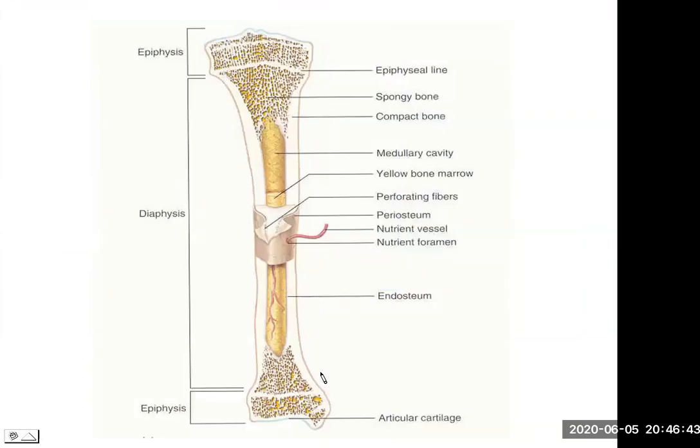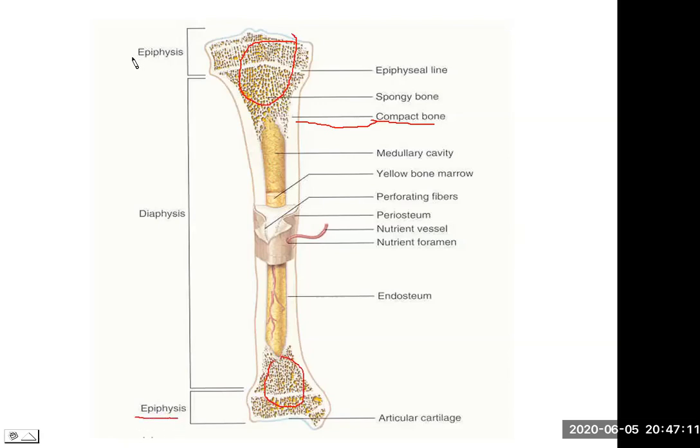So if we just take a look now, kind of reviewing what we just discussed, we have this bone here. This is actually a tibia that's in a coronal plane. We're able to see the superficial, more dense, compact bone. Deeper in, and you notice for a tibia, really concentrated at the two ends, especially, known as an epiphysis.